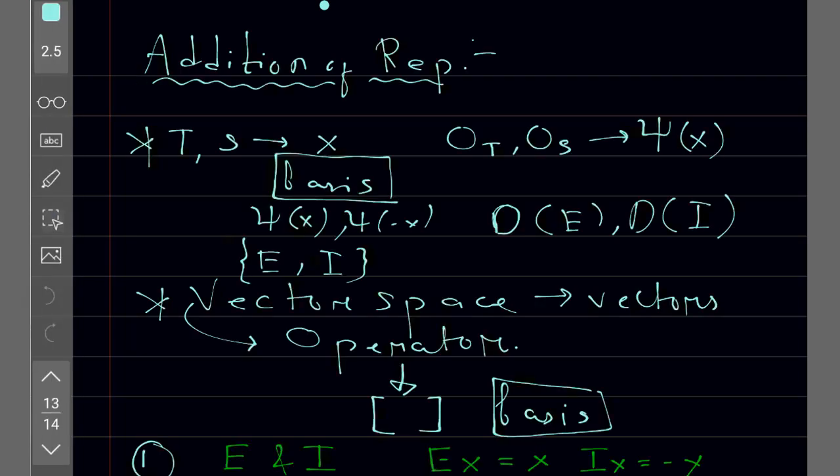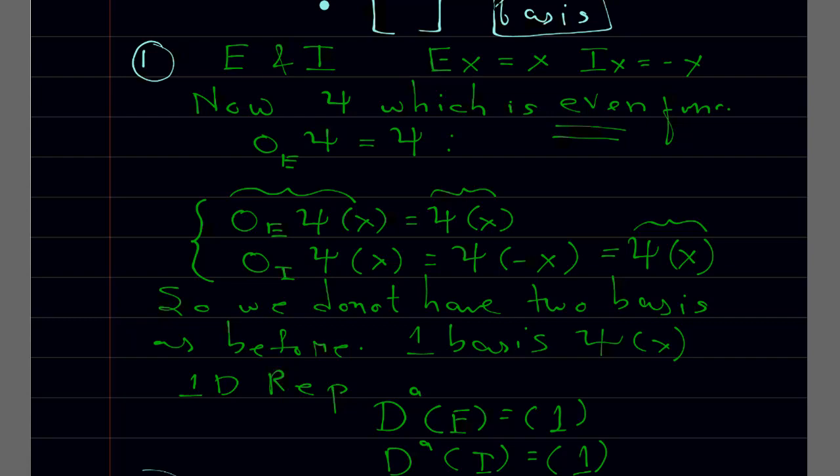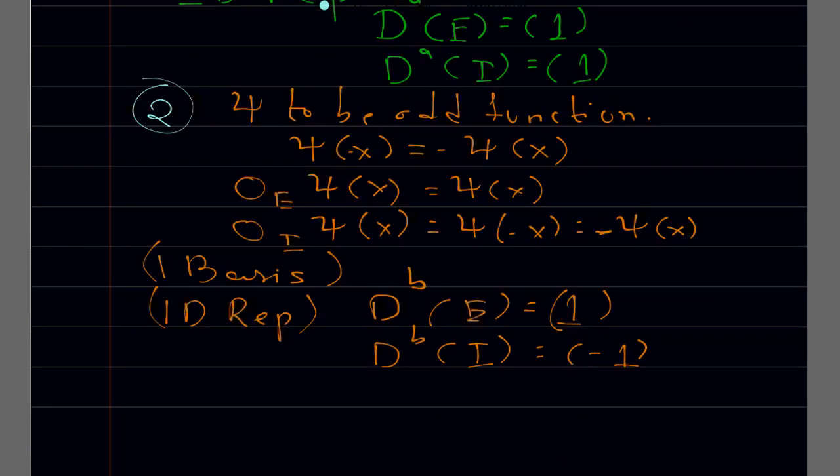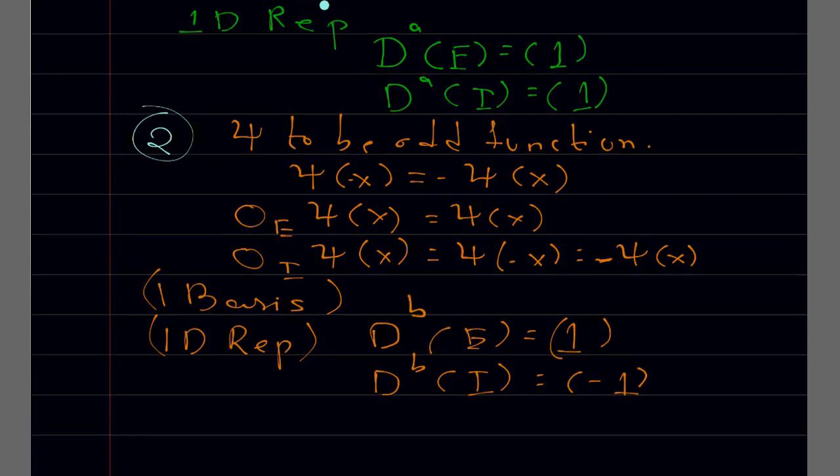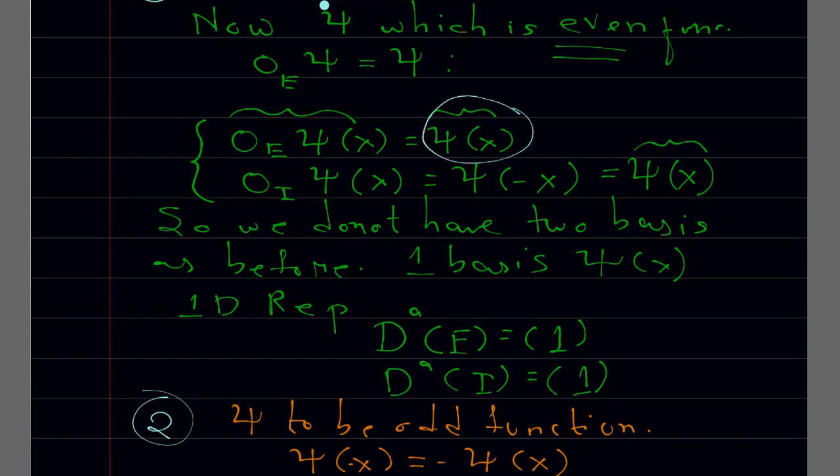So in the third case, excuse me, why is it one basis? Because if you look at here, how can you write it in terms of, because you have only psi of x coming out as output. If you look at the first case, the only output is psi of x, and the only function that exists is psi of x, because psi of minus x, which was the other function that existed independently before, now, because psi is an even function, doesn't exist independently.